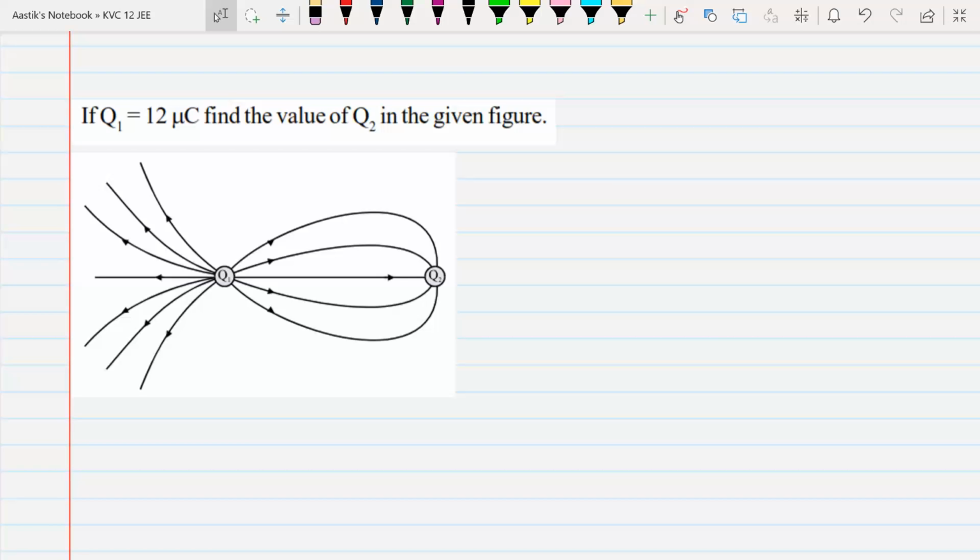Any idea? -5 microcoulombs. Now, how did you get it? All of a sudden? -8 microcoulomb. I'm getting one answer as -5 and one answer as -8. Which is the correct one? And how did you get to this number, 8 or 4?